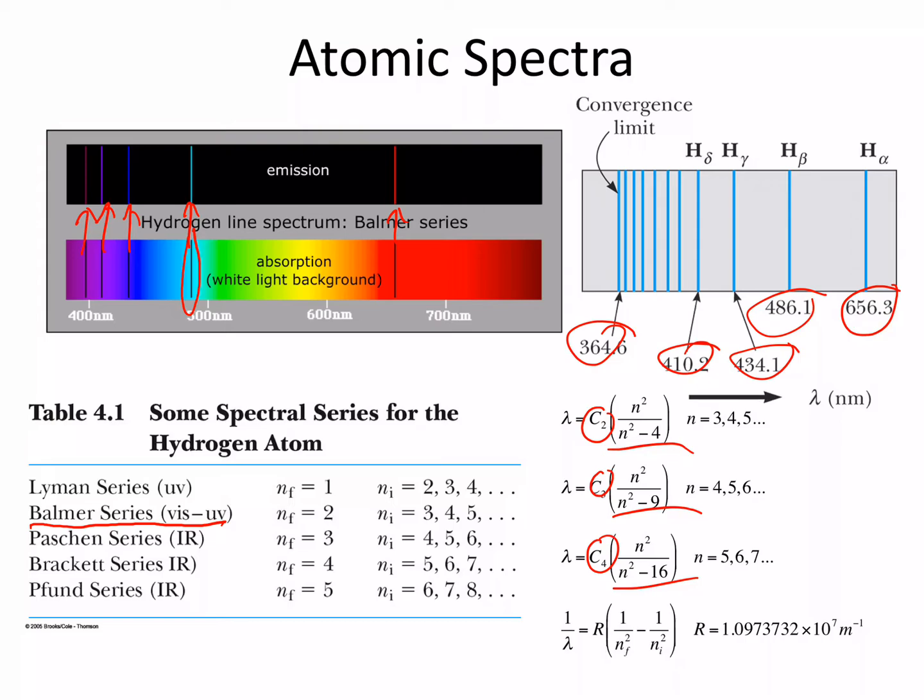Now, what actually came from all of this is Balmer realized that all of these things are related by this simple little formula here. So 1 over the wavelength is equal to R, a constant, times 1 over one integer squared minus 1 over another integer squared, where n_f is greater than n_i, right?